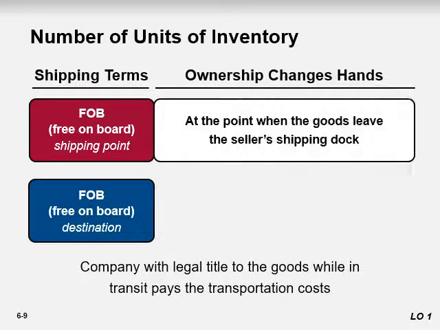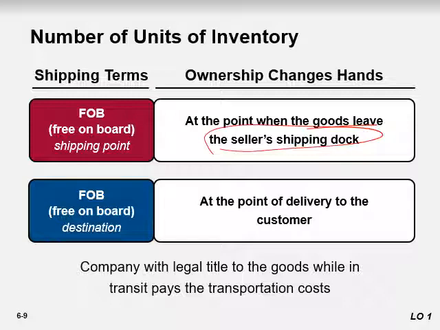So it is FOB shipping point. It means at the point when goods leave the seller's shipping dock, and FOB destination, which is at the point of delivery to the customer's specific destination. So the company with legal title to the goods while in transit pays the transportation costs, right? So if it is delivery to the customer's door, then transportation cost will be borne by the company. If it is shipping point, then transportation cost up to the shipping dock is paid by the company, and after that it is the customer's responsibility.